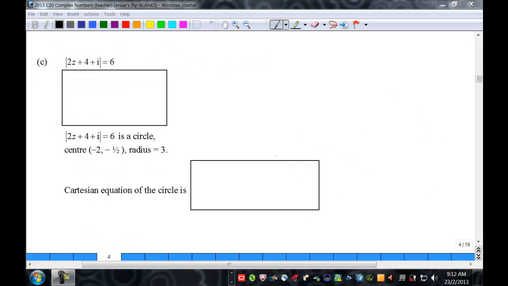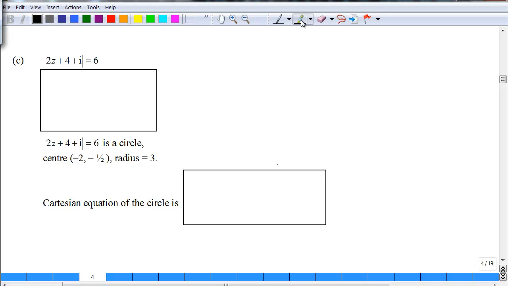Alright, let's take a look at example 29c. In example 29c, you're given the equation as follows. Again we see that it is not of the standard form, because before we proceed in drawing the locus of this complex number, we need to write it in the standard form so that it is easier for us to draw the locus.